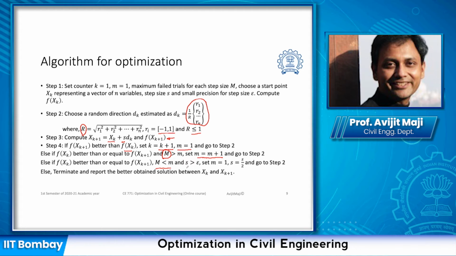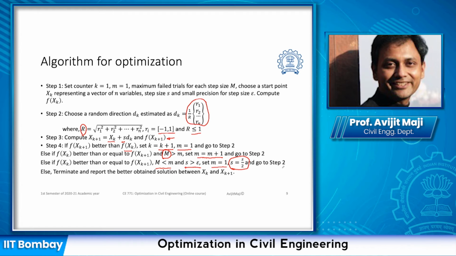Then we need to check as well whether our step size, or whichever condition we have set for the precision, it could be function value as well, is still more than the precision we want to achieve or less. If it is more, then we need to set the m counter, the failed trial counter, back to 1 and reduce the step size. Once we reduce the step size, then we go to step 2 to find a new direction and then the process continues.